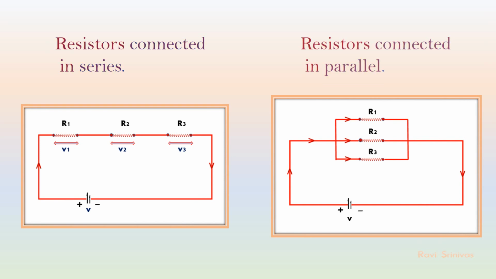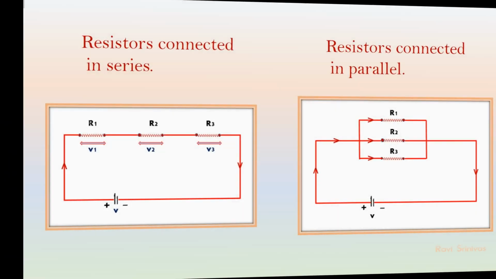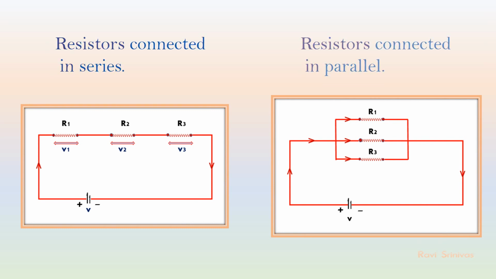In series combination, we find all the resistors connected end to end, forming a single path for electric current to flow.